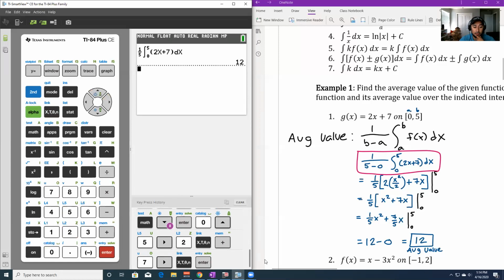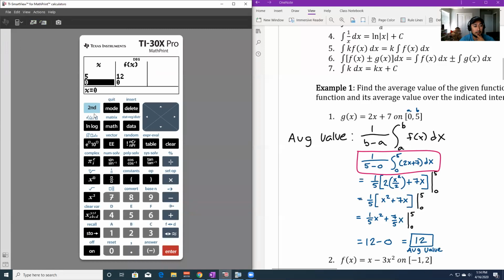Okay, now showing it on the smaller fancy calculator, I will do the same. I'll say fraction 1/5, second integral 0 to 5 of 2x plus 7.